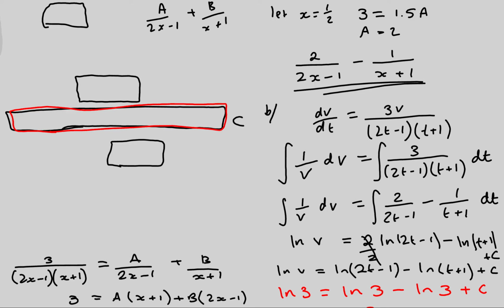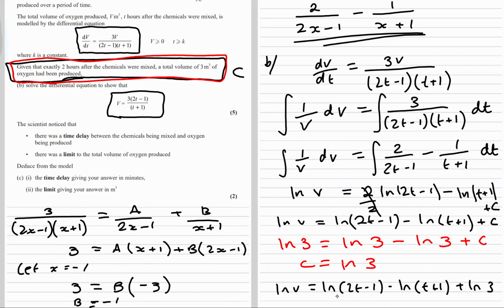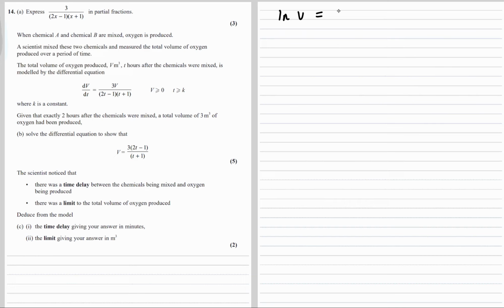So we have ln v is 3 times (2t − 1), and then divided by the one that had a minus, which was t + 1.